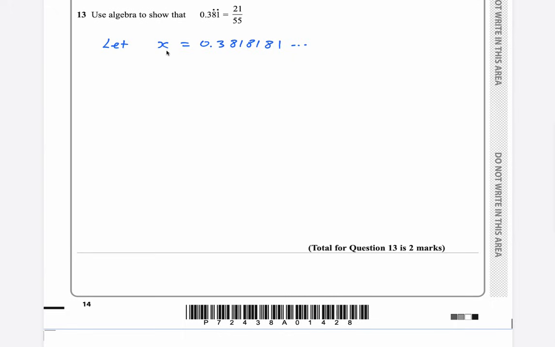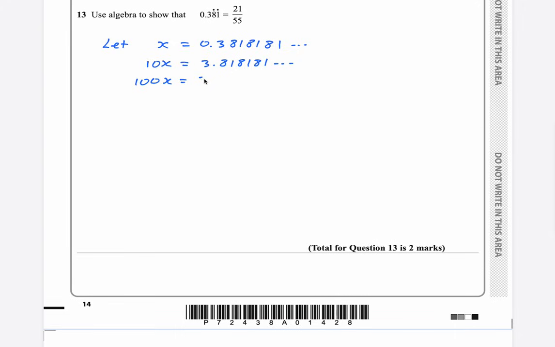So here we have, that's x, and then I multiply it by 10. So I say 10x is 3.818181, and I keep going until I get two that are the same, or at least the same decimal.